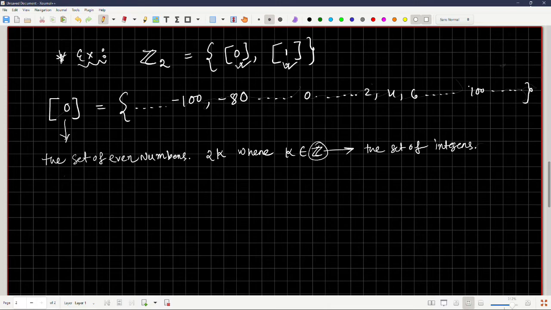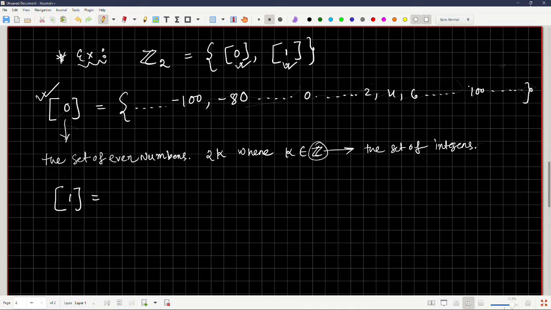And you can also guess that if you take any even number and divide it by 2, you get 0 as the remainder, right? The remainder is 0. So that's why we put a 0 in square brackets, just to indicate that this is a collection of all the even numbers, or all the numbers that have modulo 0 when divided by 2. This is just a notation. If you don't get it, that's fine.